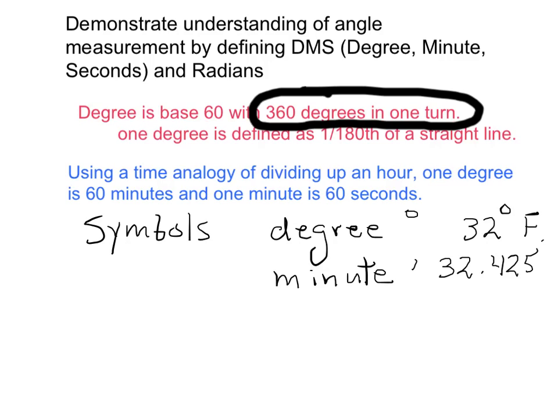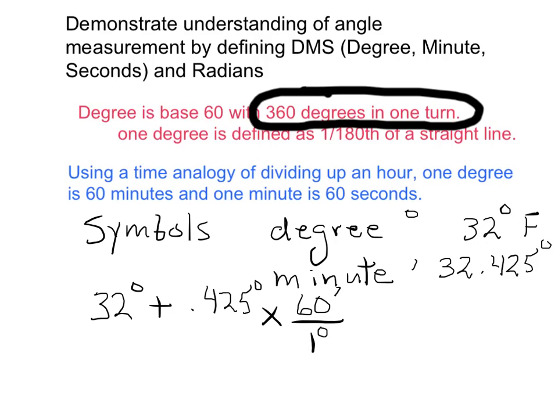32.425 degrees, and we can change that to degrees and minutes by doing this. We can say, okay, well, we're going to have the 32 degrees plus the 0.425 degrees, but every 1 degree has 60 minutes, and so it actually converts.